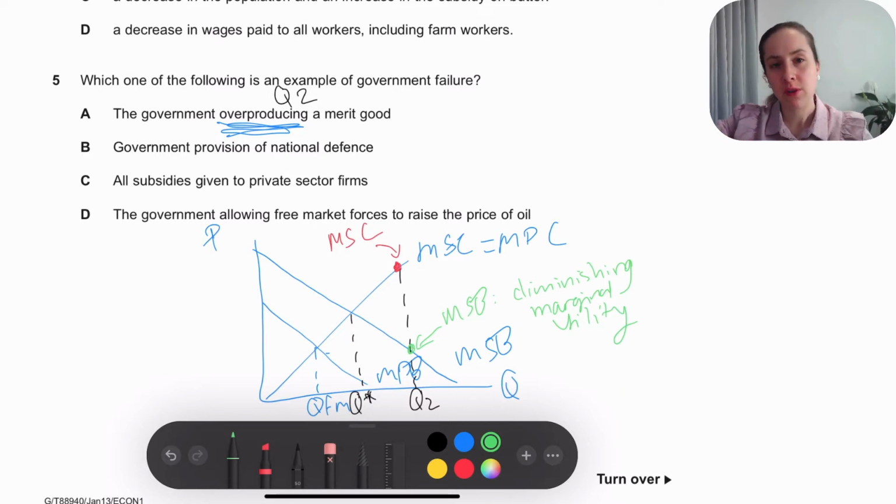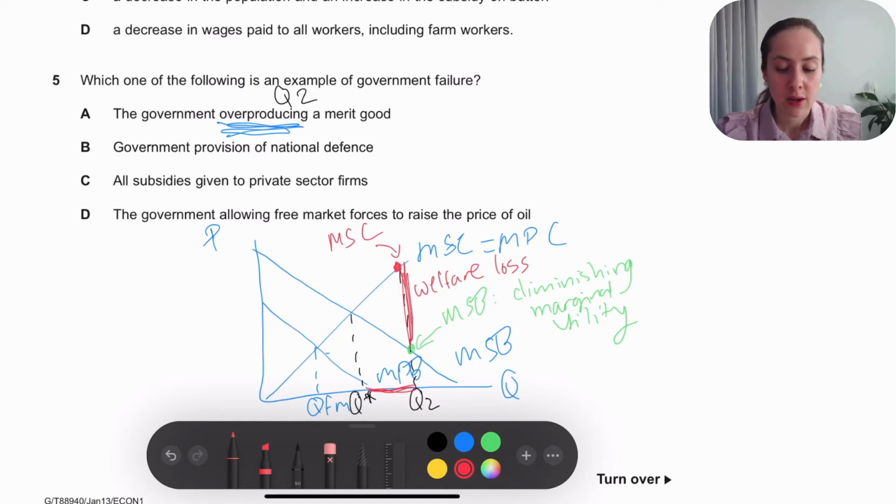When you've got really high costs and not much of a benefit, even though it's a good that helps other people, it's still adding more to costs than benefits. And so you'll get a welfare loss of that red bit that I've drawn there. So even if it's overproduced, it will have a welfare loss.